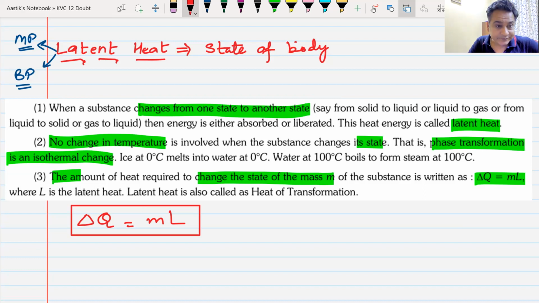Do we understand this? We will have two types of latent heat. Don't have to note everything down. You can just write. One heat is known as what? First heat is known as? Have you noted this down?